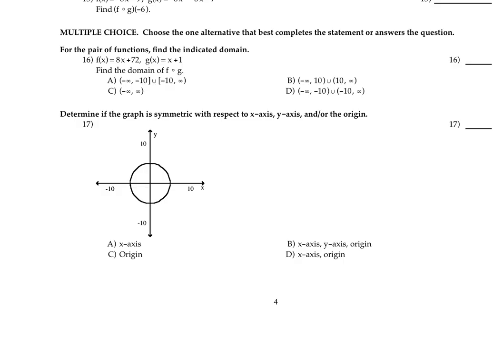A linear function, right? So if I know I have a linear function, you don't actually have to do the work. If you want to, go for it. But just know if you have linears and they're both all reals, then when I put them together, guess what my domain is going to be? All real numbers, okay? So I'm just trying to say, don't make it harder than it has to be. Try to make it as easy as possible.